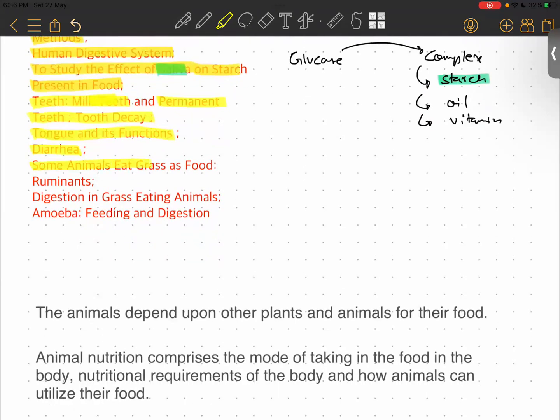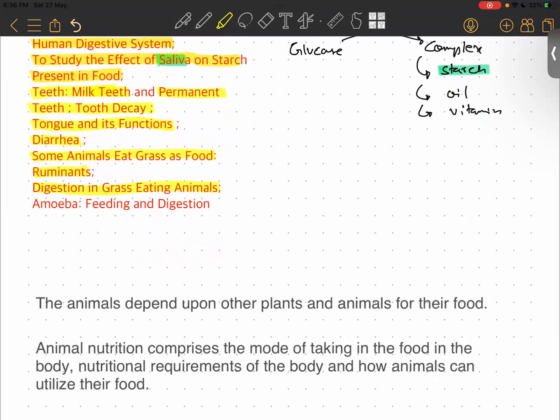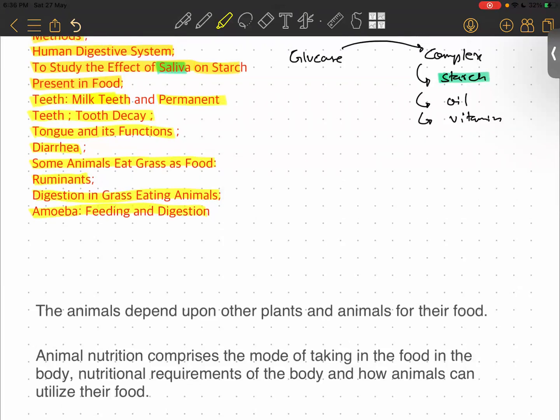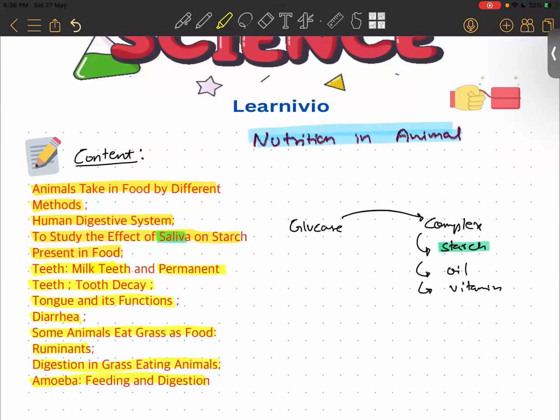Some animals are only grass eaters, that is, herbivorous, also called ruminants, and we will see how digestion takes place in these grass-eating animals. And at last, we will be discussing amoeba, how they feed and how digestion takes place in their body. So that is the brief of the topics which we will be covering in this chapter.